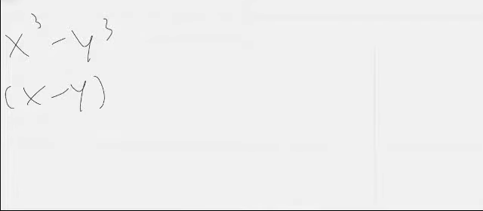And next, let's talk about the hardest in factorization, which is cubic equations. Let's say I have something like x cubed minus y cubed. The general formula for this is x minus y times x squared plus xy plus y squared.